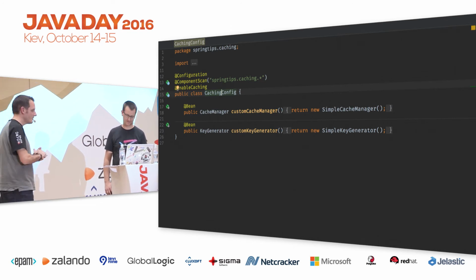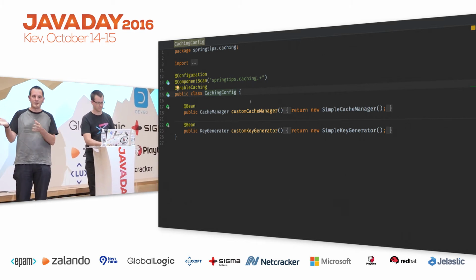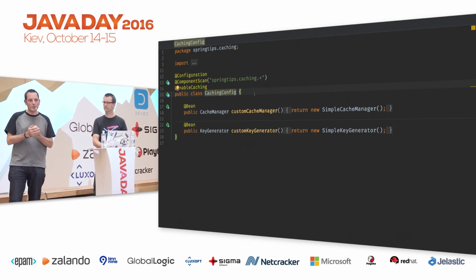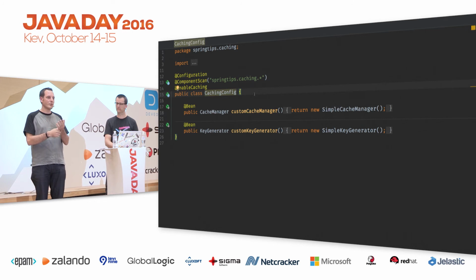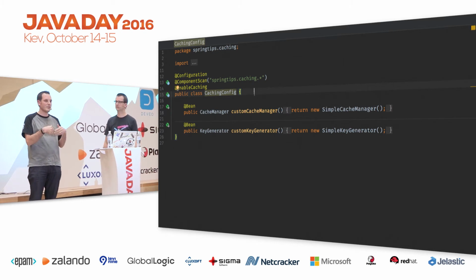So cache abstraction is really a very simple use case. You have a method. That method has a set of parameters. It computes something or it fetches something from a remote service or whatever. And when you invoke that method, you want to avoid invoking it again if the result of the method invocation has been computed recently.